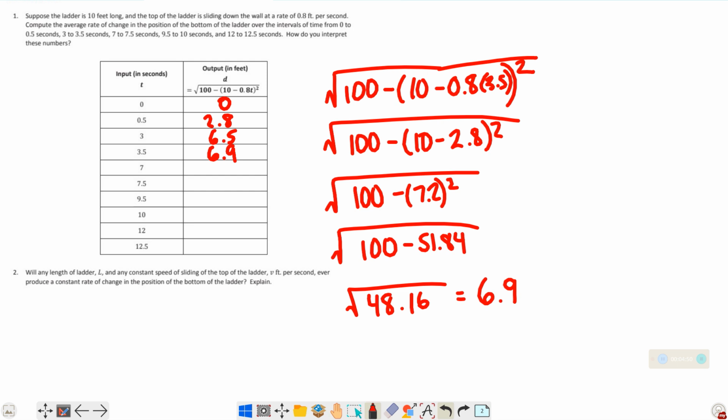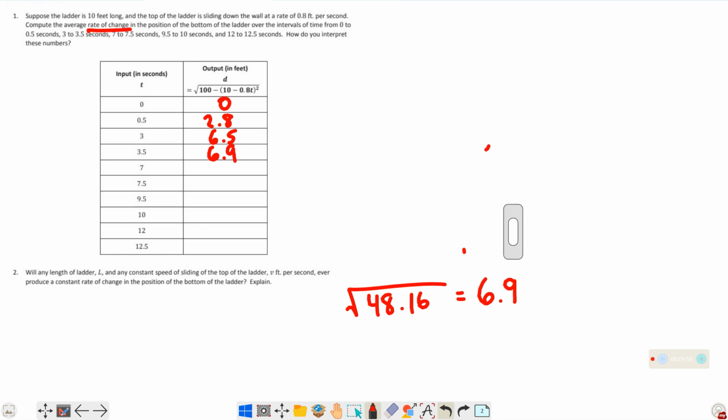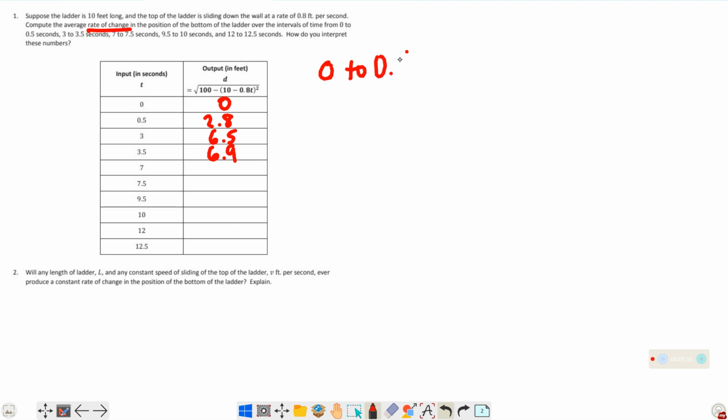Then when it comes to the part about the rate of change, what we're going to do for those is calculate how much it has changed in that time interval. So I'm going to do the first couple for you, and then you'll do the last ones on your own. So the interval from 0 to 0.5.